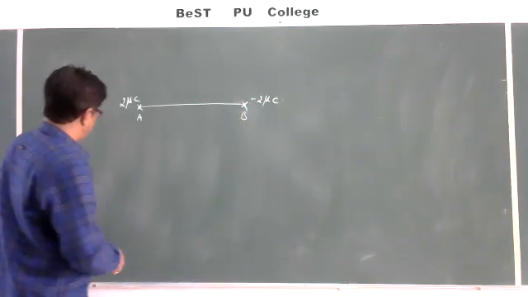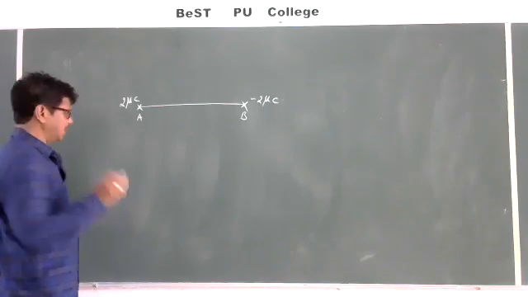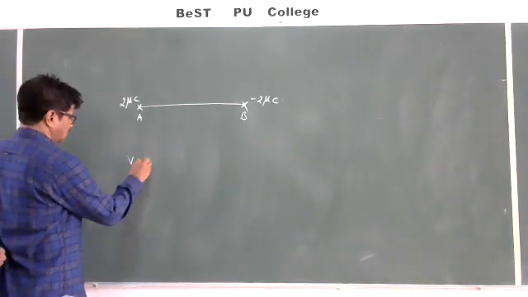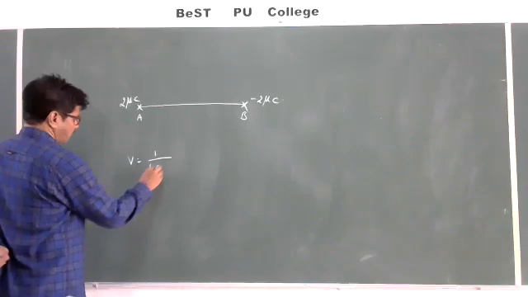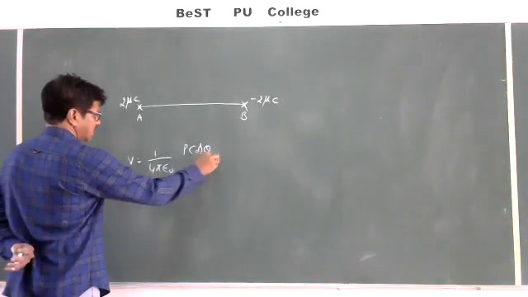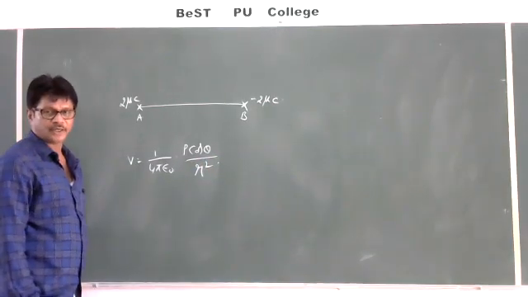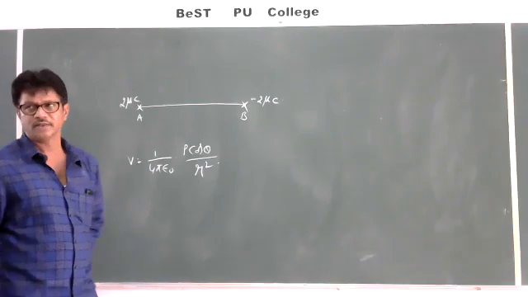So in case of a dipole, the formula to find out the potential is V equal to 1 by 4 pi epsilon naught, P cos theta by R square.